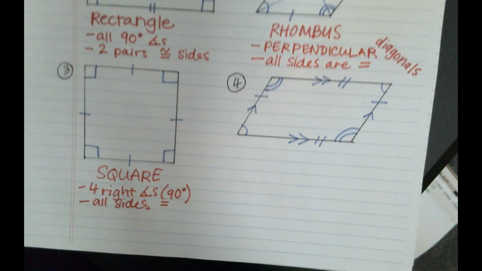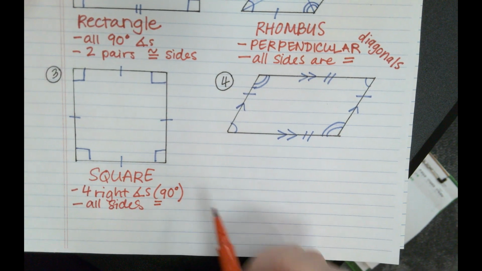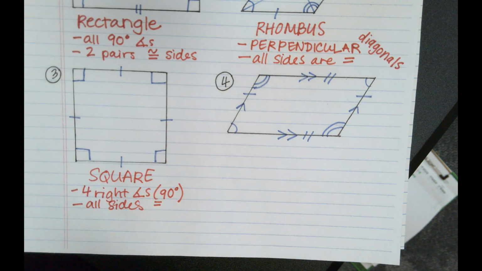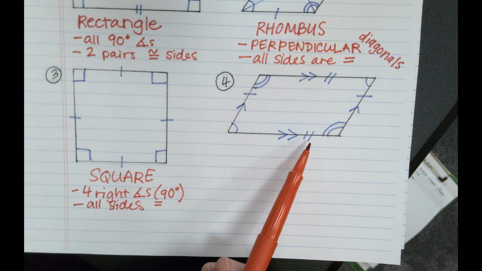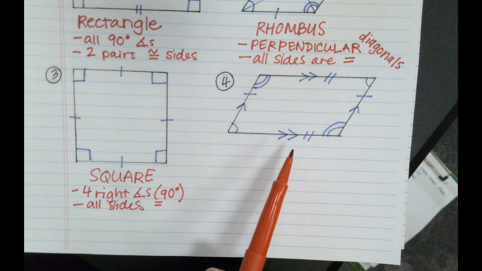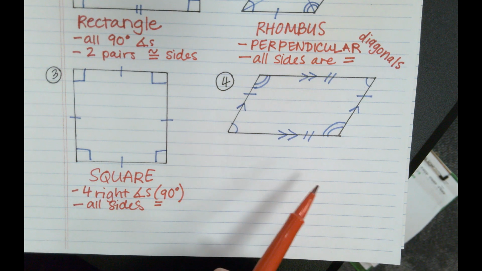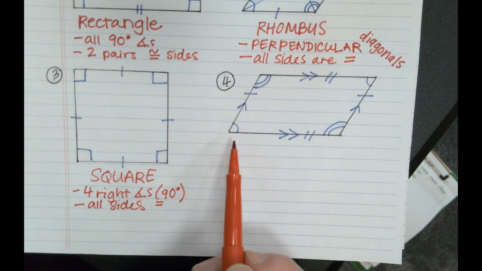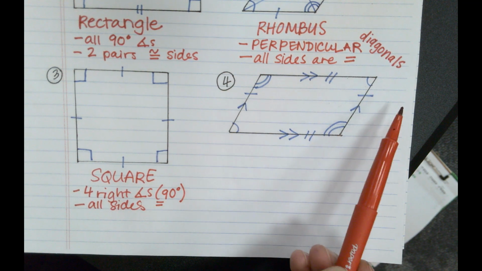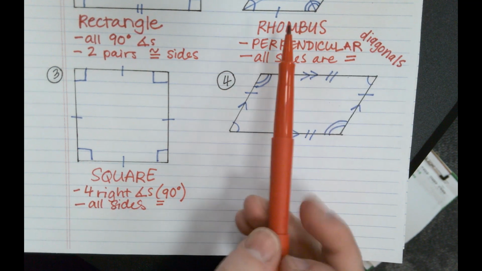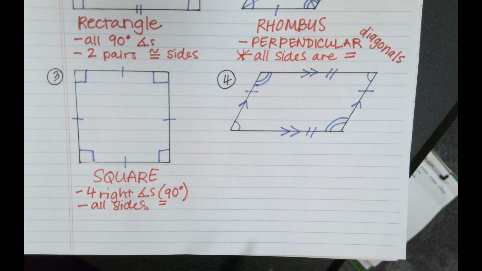Okay, last but not least, number 4. What is that? Same as number 2. This is a rhombus. Oh, yeah. I said a parallelogram. It is a parallelogram. The reason it's not a rhombus is that we don't have 4 sides that are the same length. The key characteristic of a rhombus is that all the sides are the same.